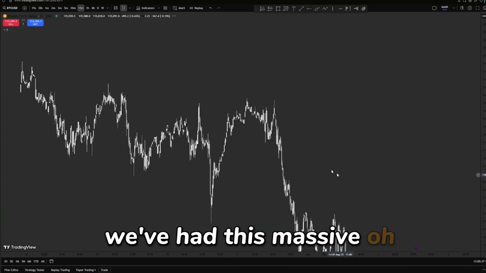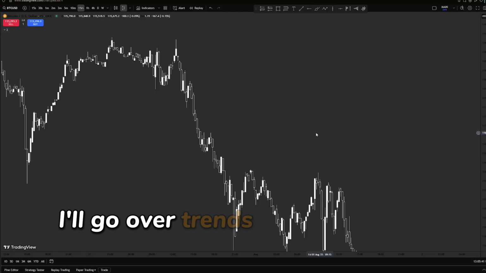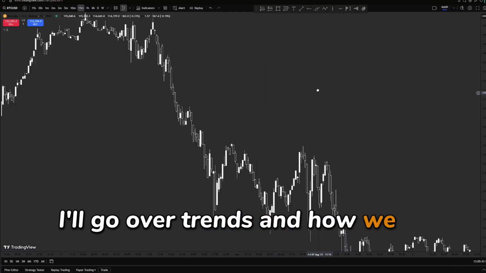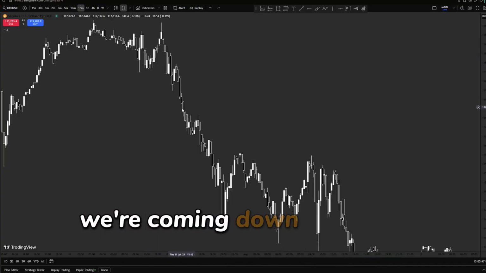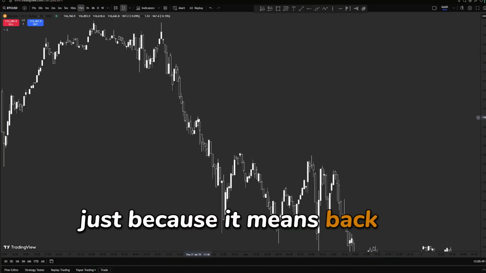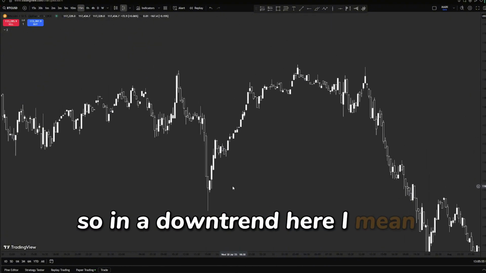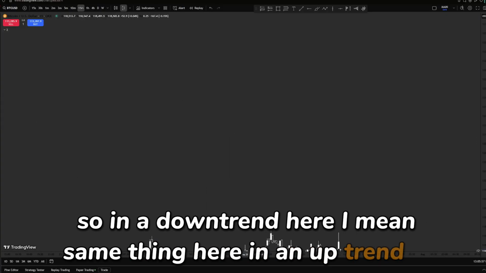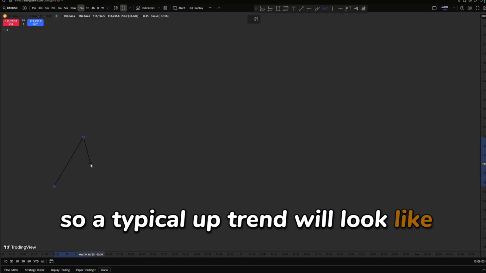We've had this massive, oh actually, before we get into any of that, I'll go over trends and how we can use this. So let's say up here, we're coming down, we're in a downtrend. Just because it's back up here doesn't mean that it's going to go back up. So in a downtrend here, and then same thing here in an uptrend. So a typical uptrend will look like this.